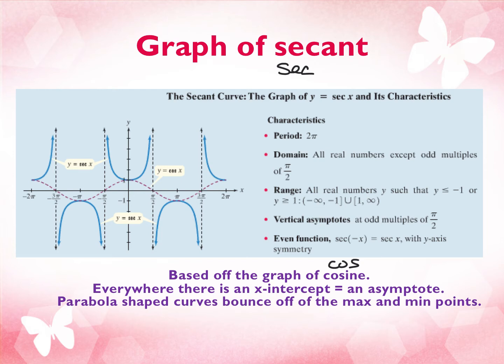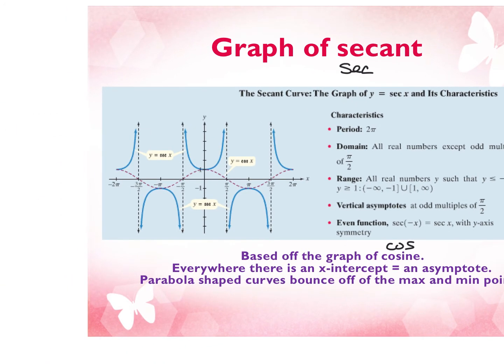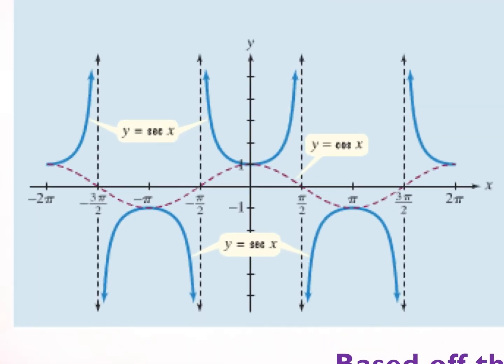So let's review how we would graph the cosine graph. Remember, the cosine graph starts at 1, unless there's an amplitude, then it would start at that amplitude. So I'm starting here on the y-axis at 1, and then from that amplitude, you always go back to the axis.